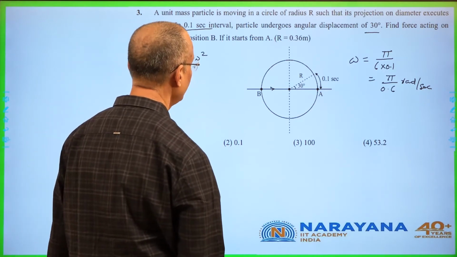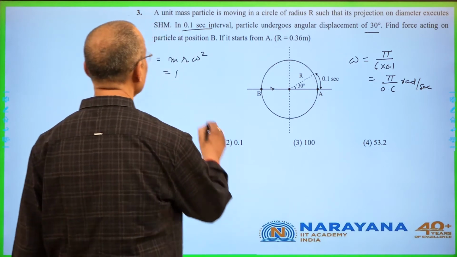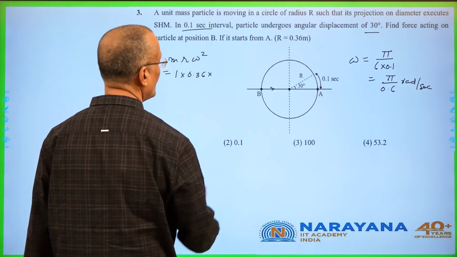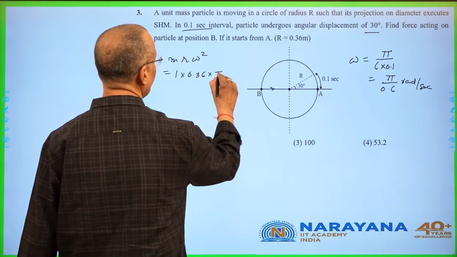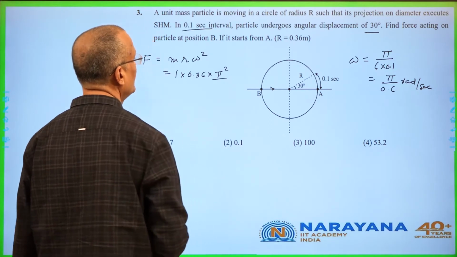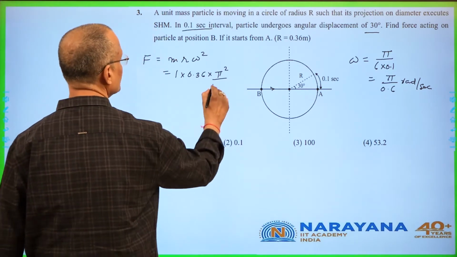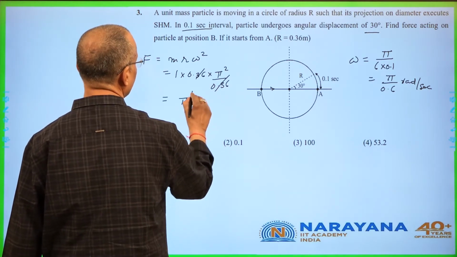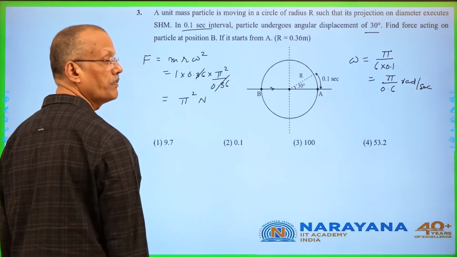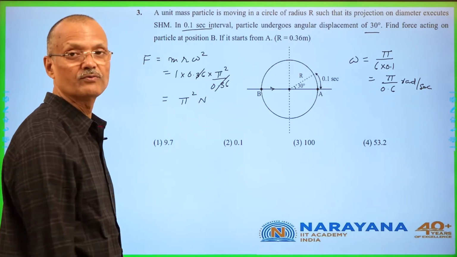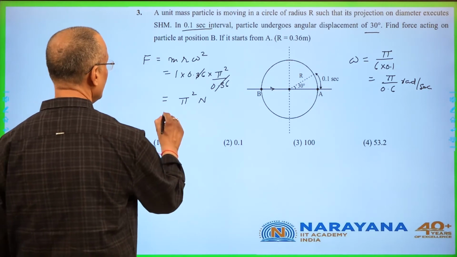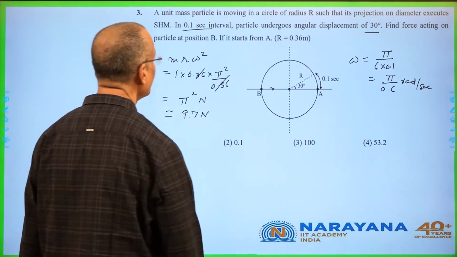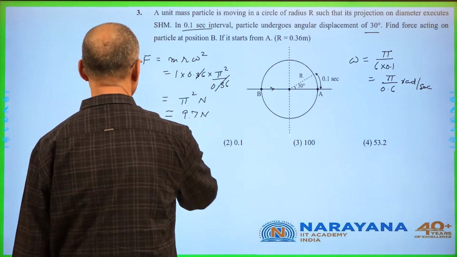We go for radius r, 0.36 meter they have given, and omega squared will be pi squared by 0.6 squared. 0.6 squared is 0.36. These two cancel, and you are getting pi squared Newton, and pi squared with pi as 3.14 is nearly 9.7 Newton. So your answer for this is number 1.